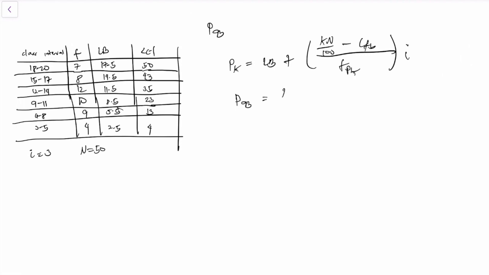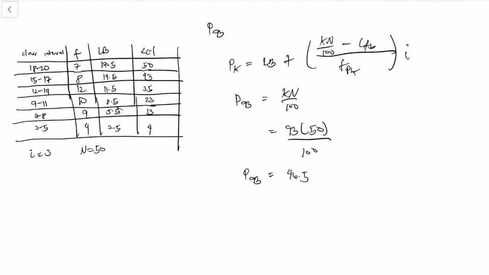P93 is equal to kn over 100. K here, in this case, is 93 times the total frequency, which is equal to 50, all over 100. So let us plug into the calculator: 93 times 50 all over 100, that is equal to 46.5.